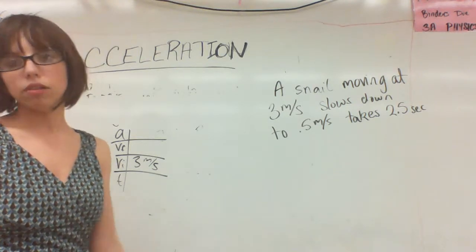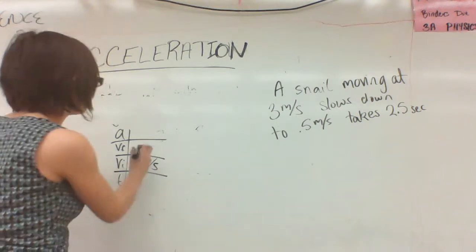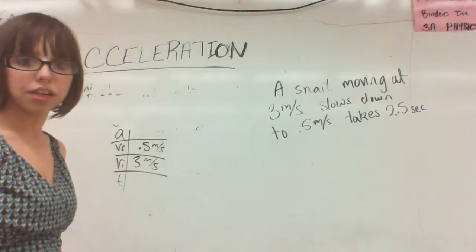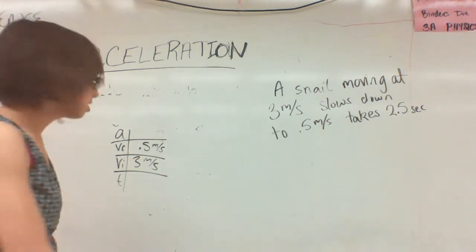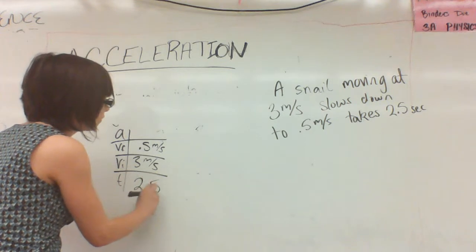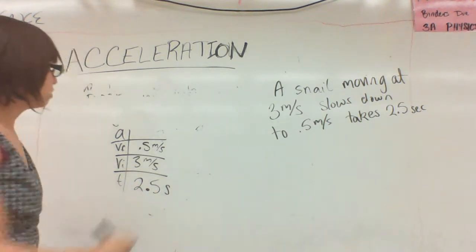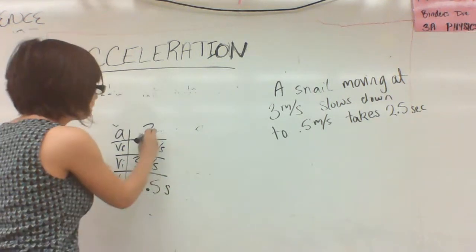That is the speed at which it arrives at, or ends up going. 0.5 m/s. Meters per second. And that whole thing takes 2.5 seconds. My time, 2.5 s. Alright, so that leaves me with one thing not known. That's great, I can work with that.